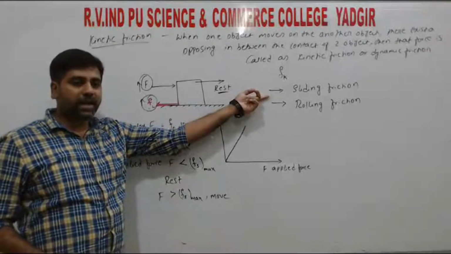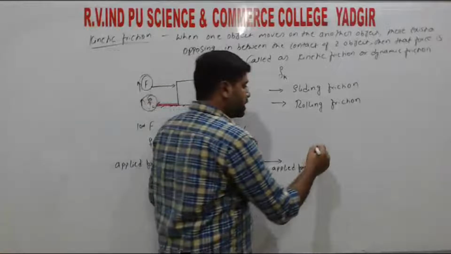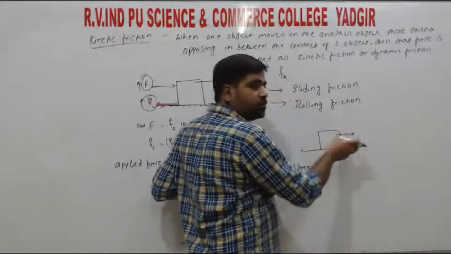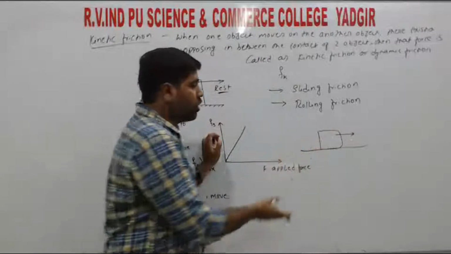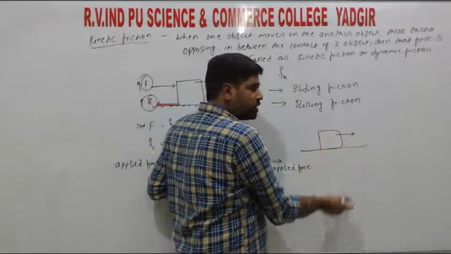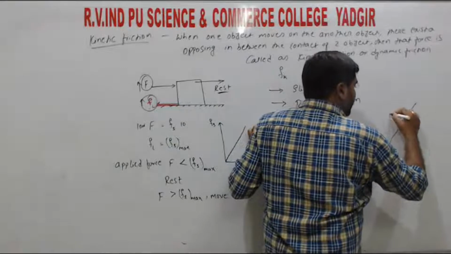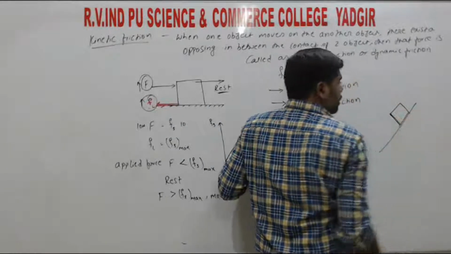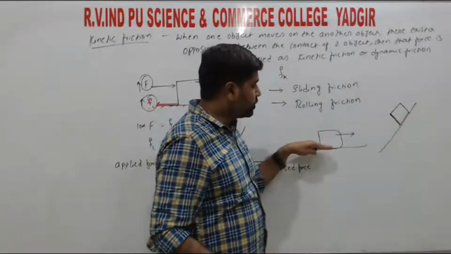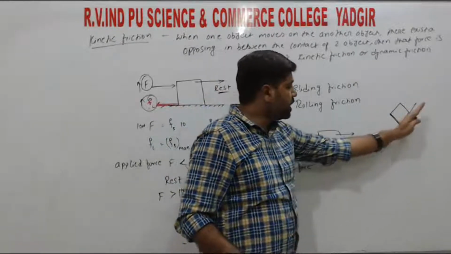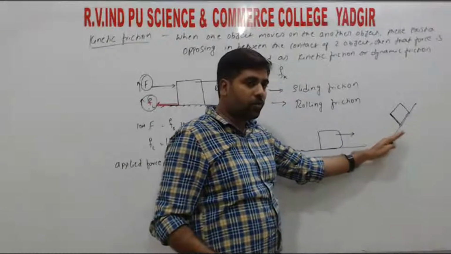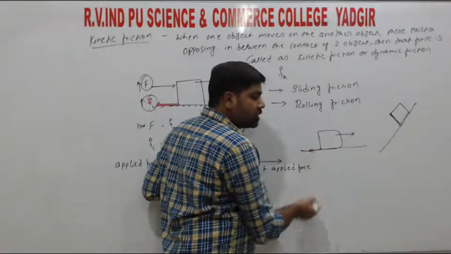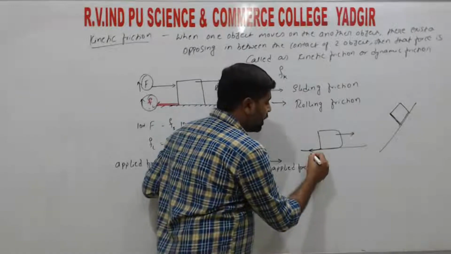When an object slides over another object, that means move, slide, both are same. Either it may be on a horizontal surface or on an inclined surface. So there exists a force, that force we call sliding friction or kinetic friction.